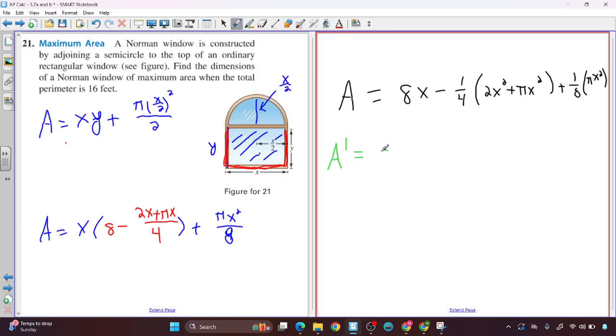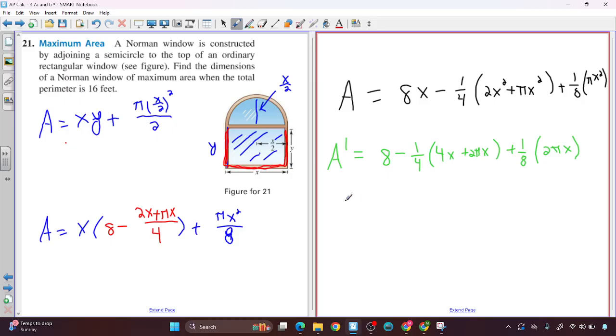So that is 8 minus a quarter, take the derivative: 4x plus 2 pi x, and then 2 pi x. If I had to guess, we're going to have some simplification.